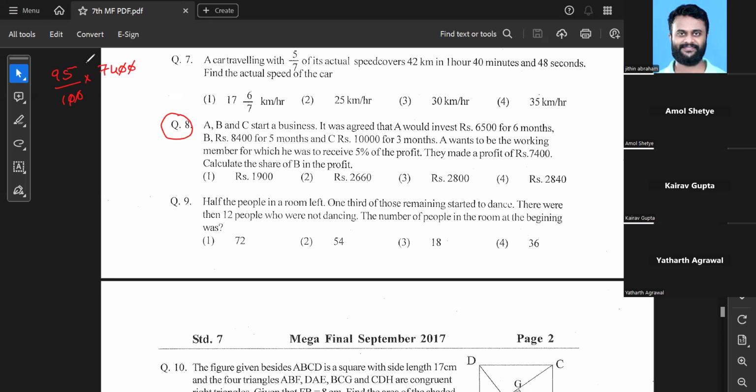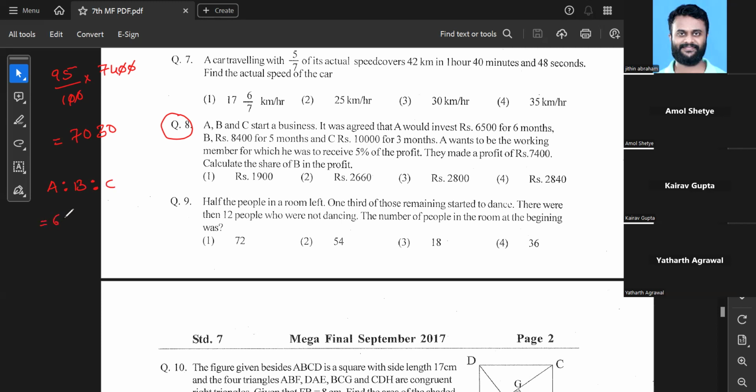That should be 7030. So 7030 is the actual profit they are going to get. The investors are going to divide it amongst themselves. Now in which ratio will the investors divide it, that we have to find. Now speaking about A, let's find the ratio of A to B to C. There are three investors, right?